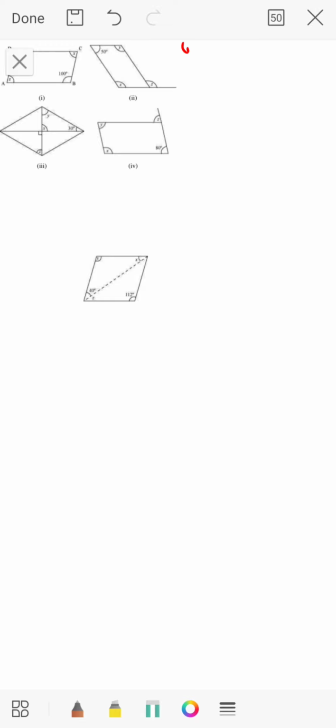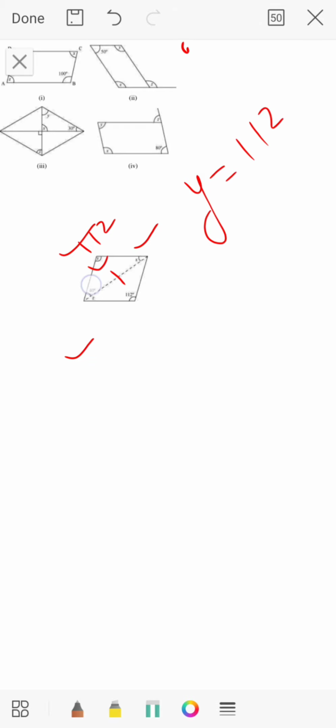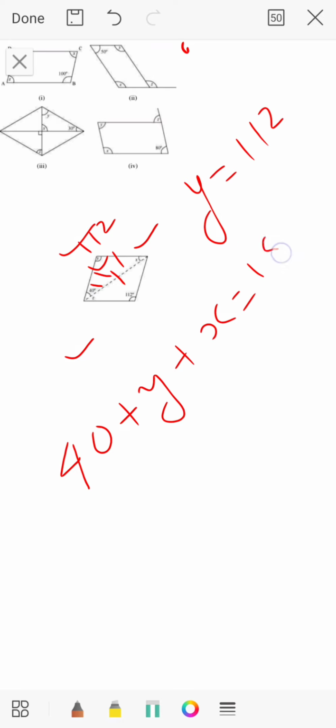So likewise you can get the value. Here I want to find the values of x, y and z. You can see that this y is exactly opposite to 112, so the value of y is 112. As the value of y is 112, these three are the angles of the triangle, so the addition of all these angles is 180 degrees.